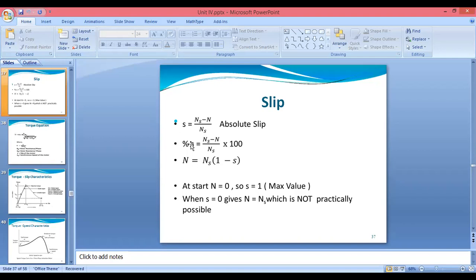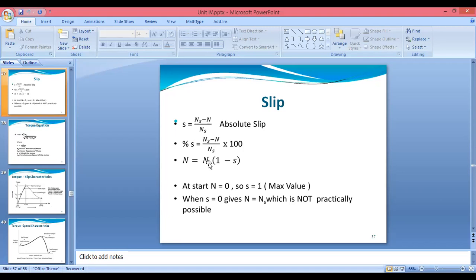If we are supposed to calculate percent, how will you do it? You can multiply both sides by 100. You can reconvert that equation to derive the value for N. If you rearrange, you will get the equation N equal to Ns (1 minus S). I have written the same equation, but only interchanged the position.